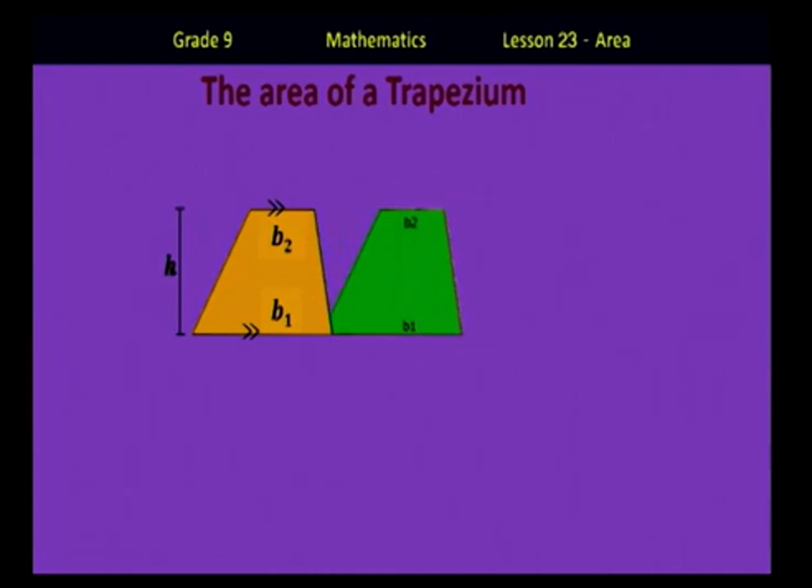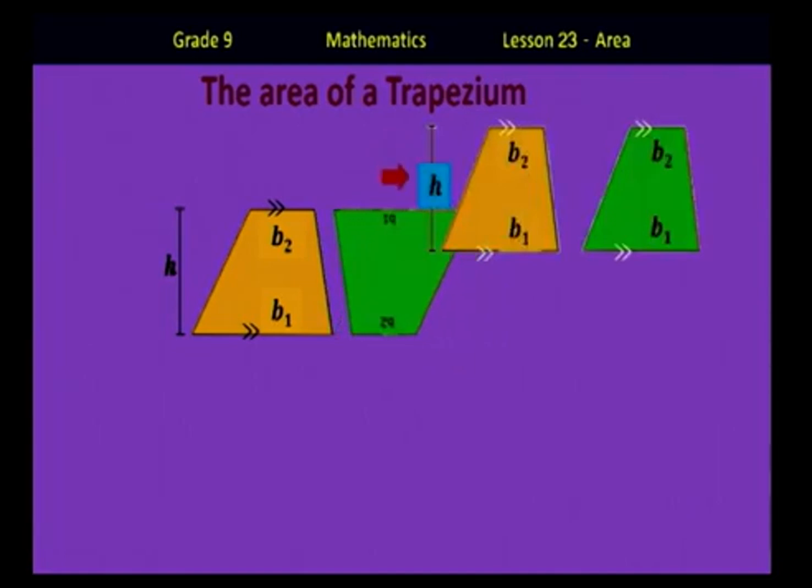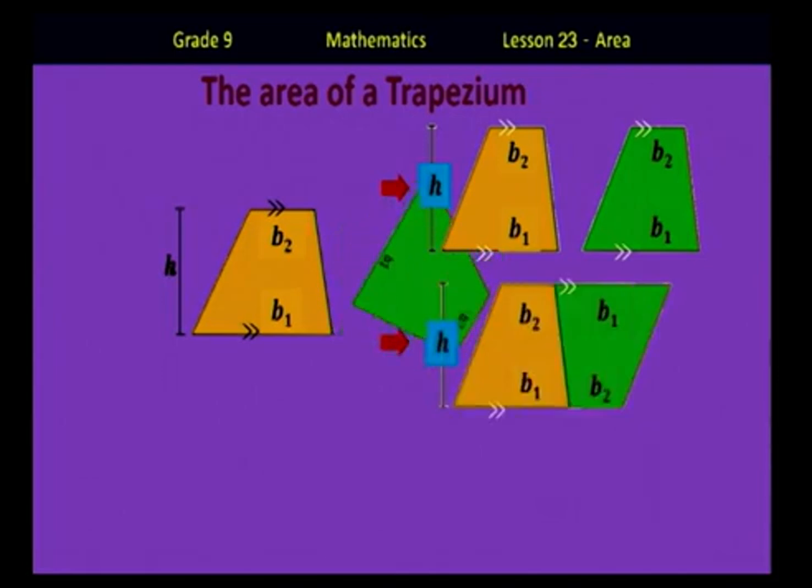Then what happened? Using a trapezium, we can form a parallelogram. If you are doing this activity, you should cut two trapeziums which are the same in size. Then we formed a parallelogram.